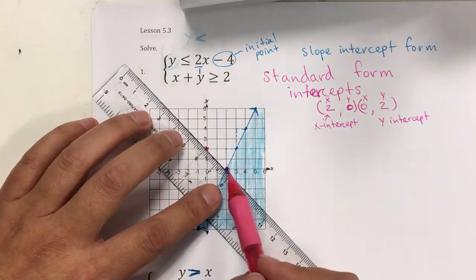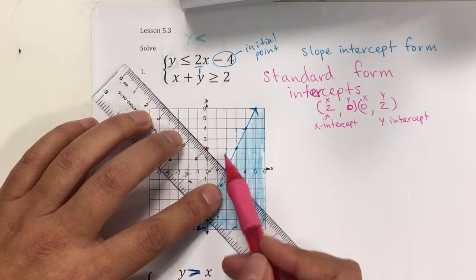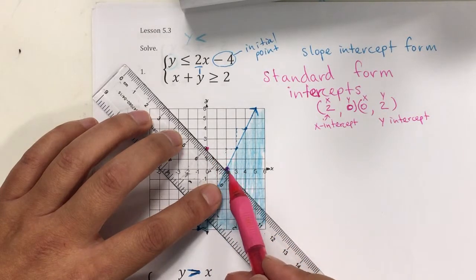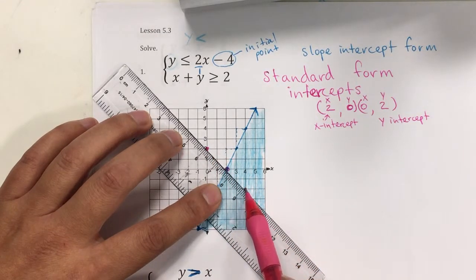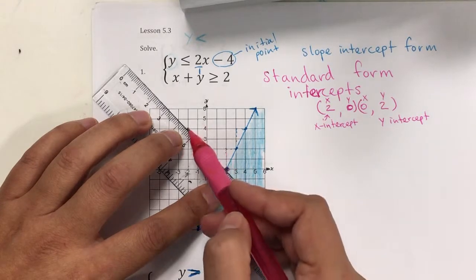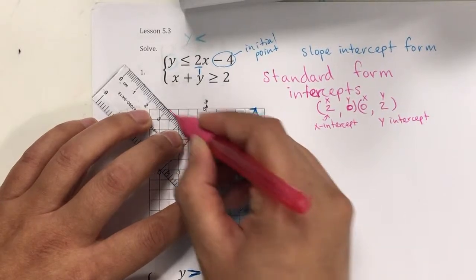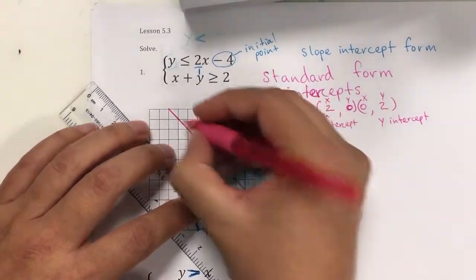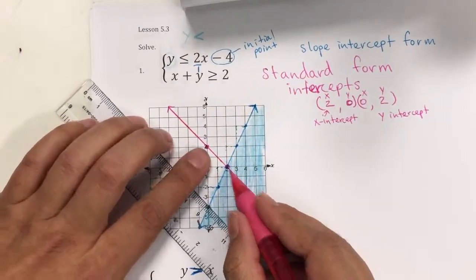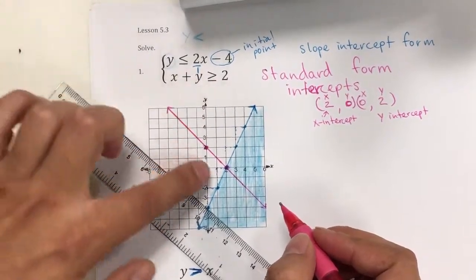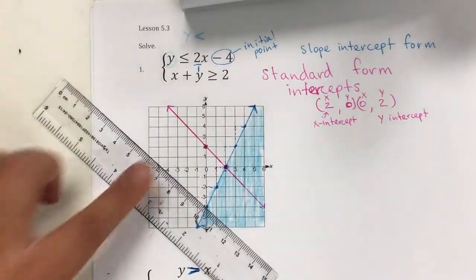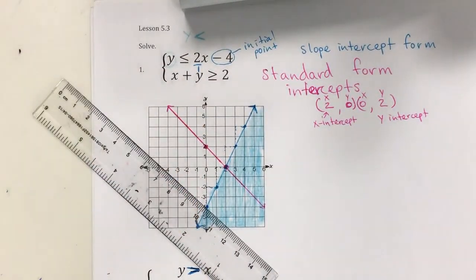I'm trying to align. If you notice, this goes from corner to corner using 4 little squares, right? So it should go through here and through here. The more accurate you are, the better. Okay, so that's my 2 intercepts. That's my line, a solid line, because it has the equal underneath the greater than.